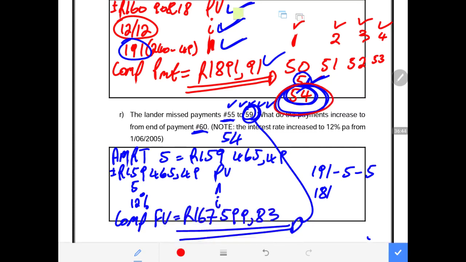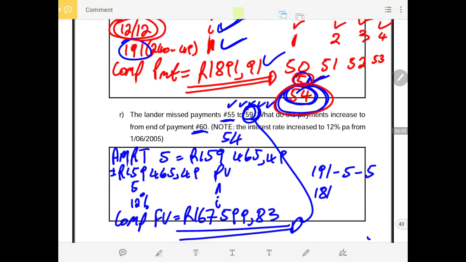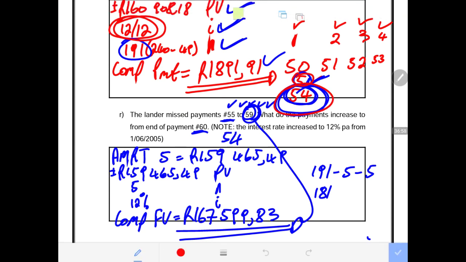We took the balance after the 54th payment, which was payment number 5 in the new interest rate. You take that balance, which in this case is 159,465. You add interest, meaning you say this balance is now the present value. You add interest for the number of months the client missed payments, which in this case was 5 months, month 55 up to 59. Then you get to the future value.